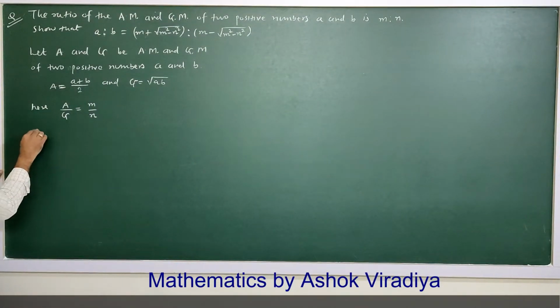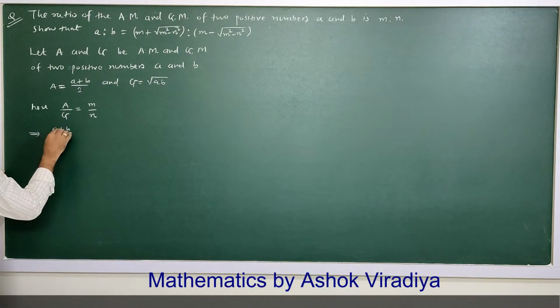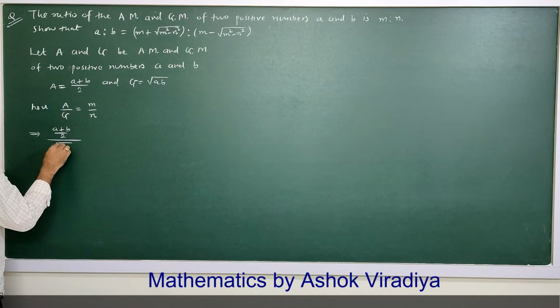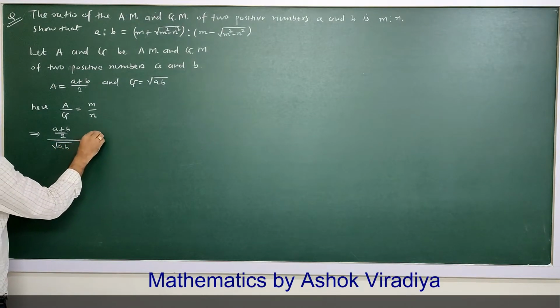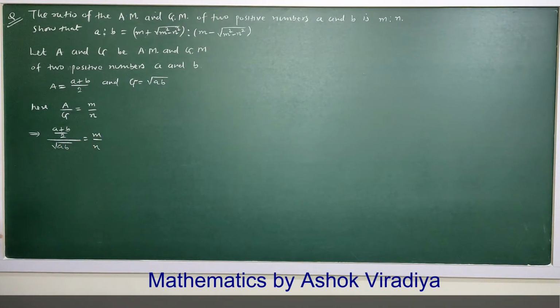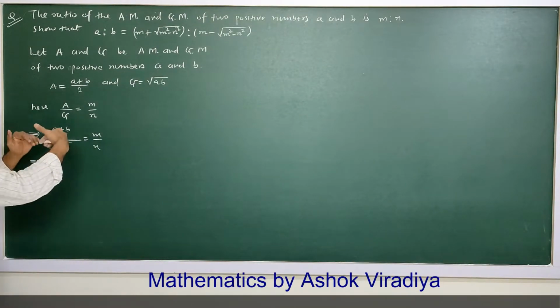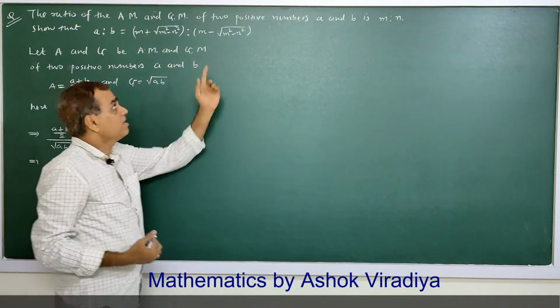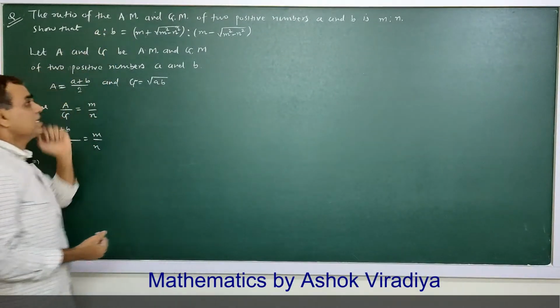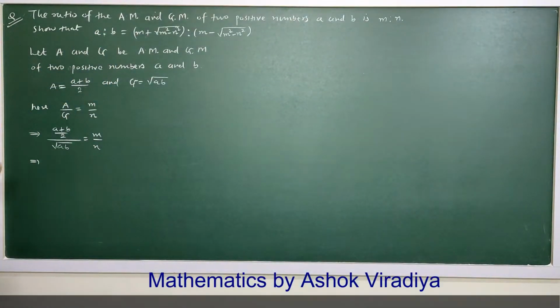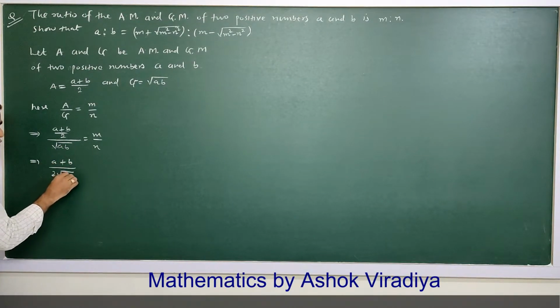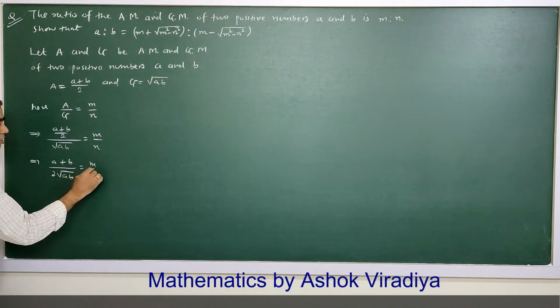That means (a plus b) by 2 upon root ab is m upon n. Now simplifying this, we can get the ratio of numbers a and b. So (a plus b) upon 2 root ab is m upon n.